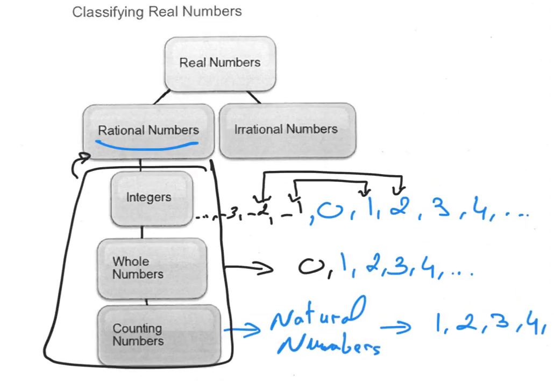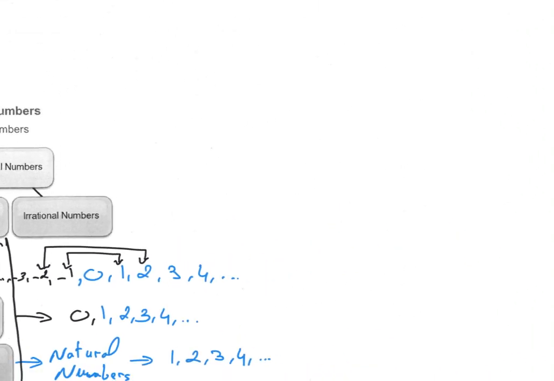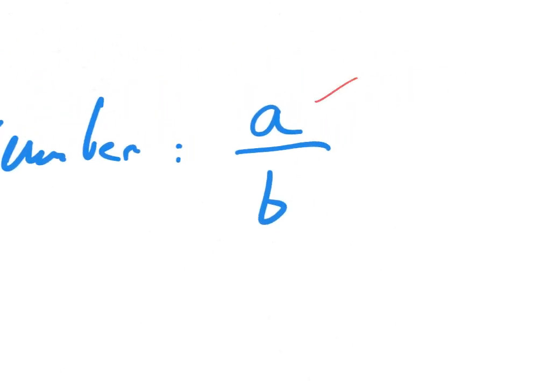But also, a rational number can be expressed as a ratio of two integers, a over b. A must be an integer, and also b must be an integer.